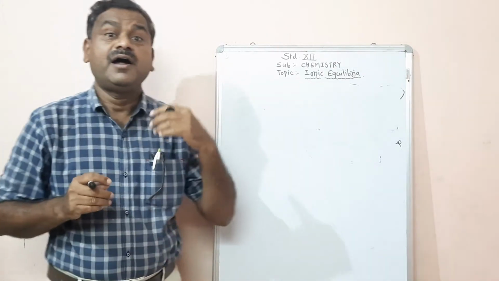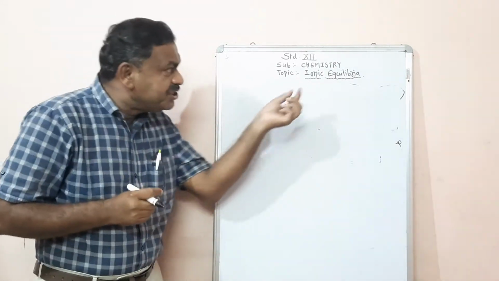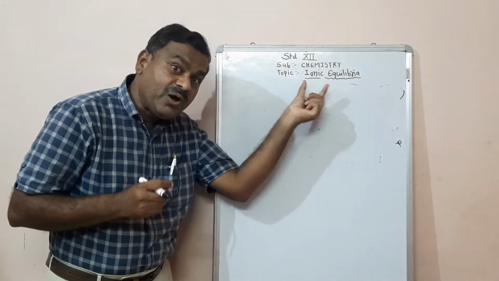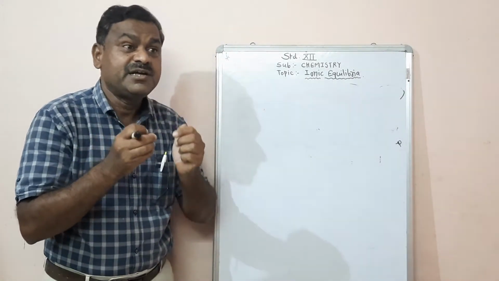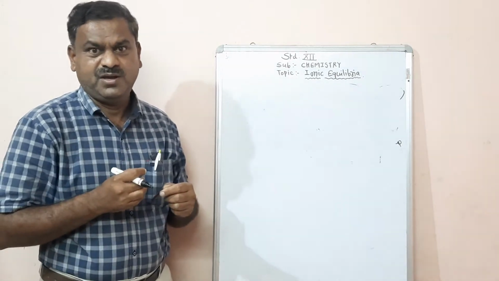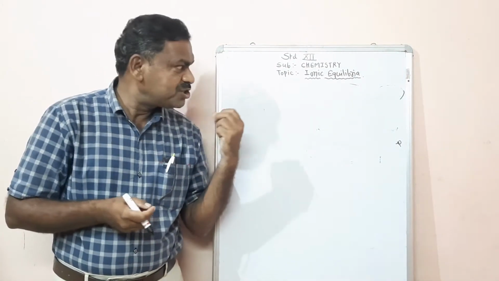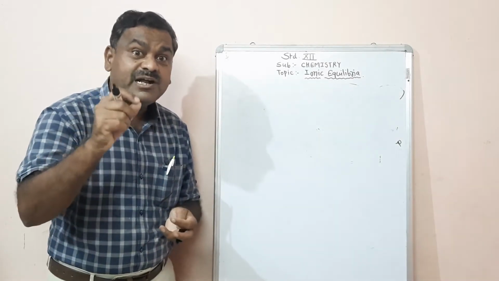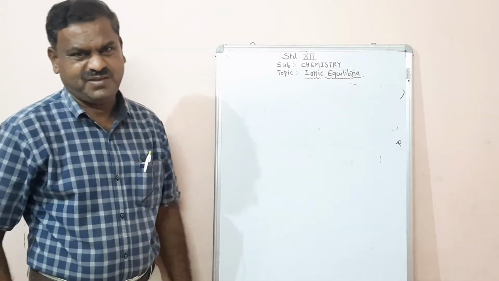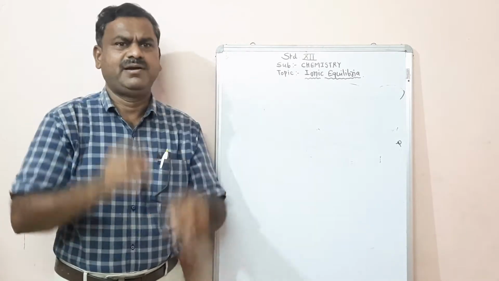Now another point, the types of electrolyte. In this ionic equilibria, we have to study the charge. We have to study the electrolyte. We have to study the acids and bases in detail, one by one.